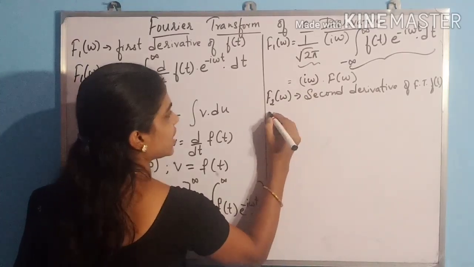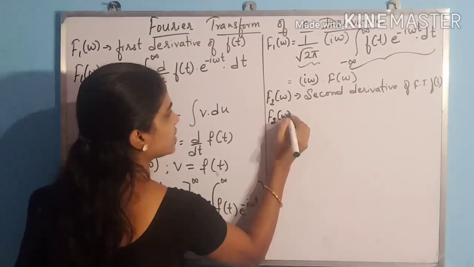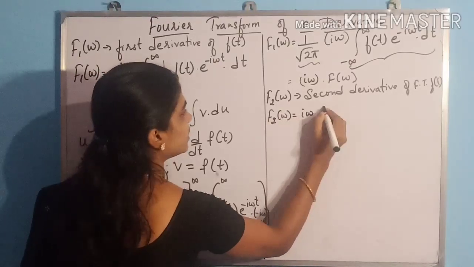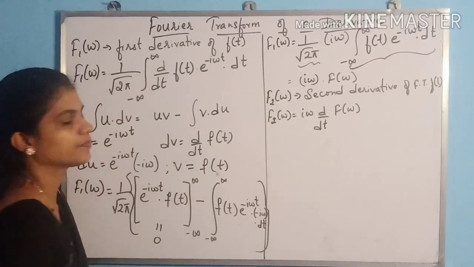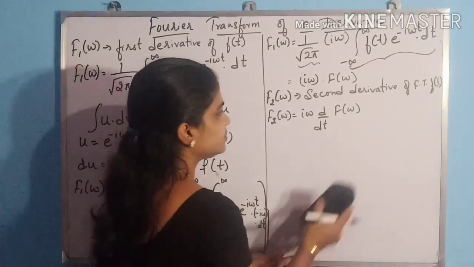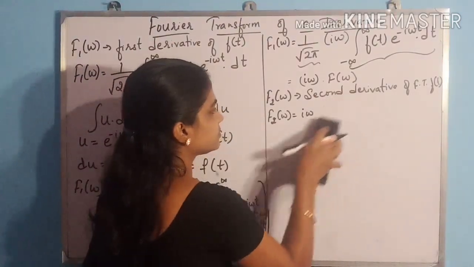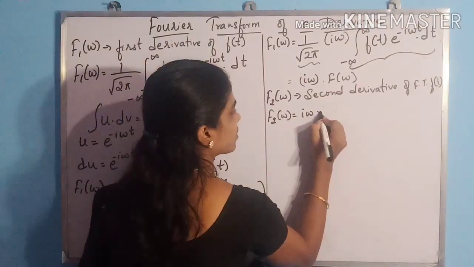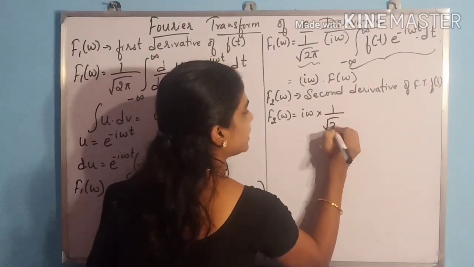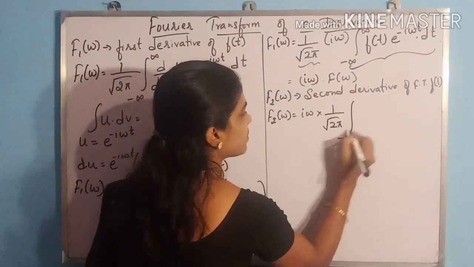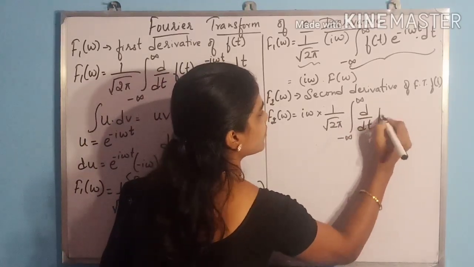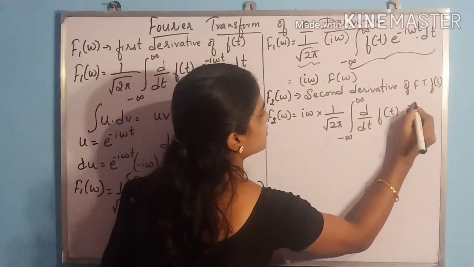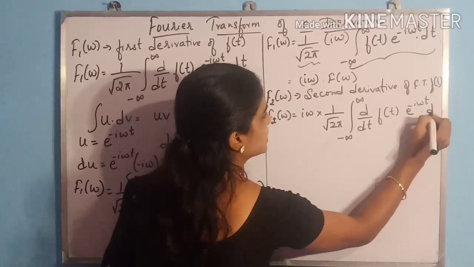That is f2 of omega is equal to i omega times the Fourier transform of d by dt of f of t, which is nothing but again 1 by root 2 pi integration minus infinity to plus infinity d by dt of f of t e to the power minus i omega t dt.